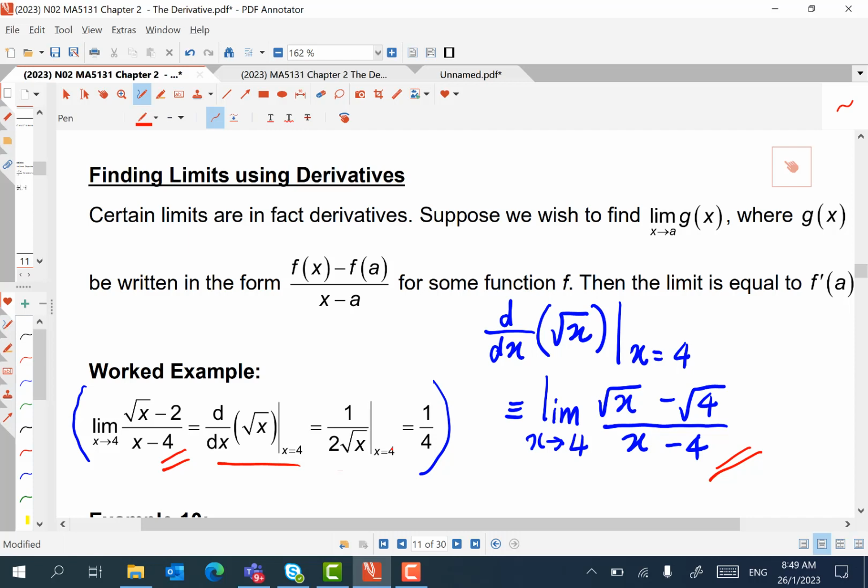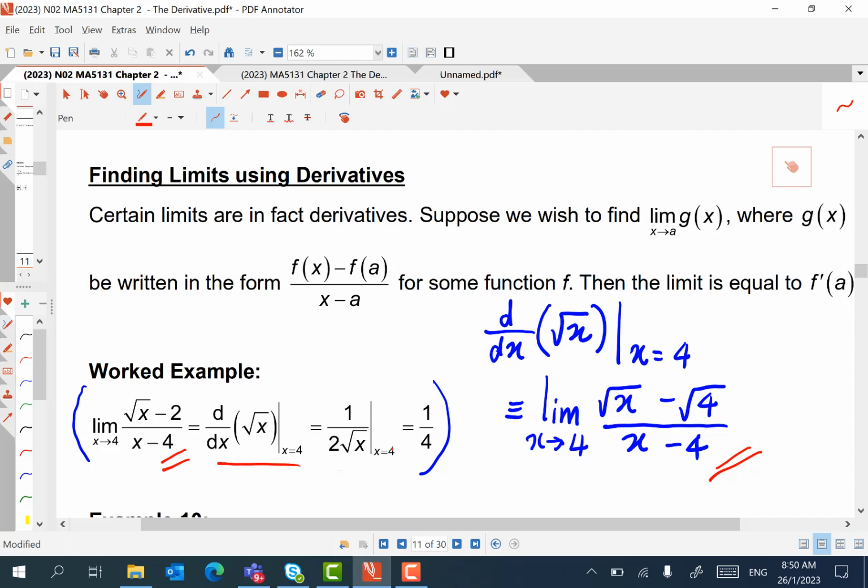You want to realize, class, that this is demonstrating to you another way to find limits. Previously in chapter 1, let's recap again. Let's go around the room: name me one way you will work out limits. You just plug it in if all things work.